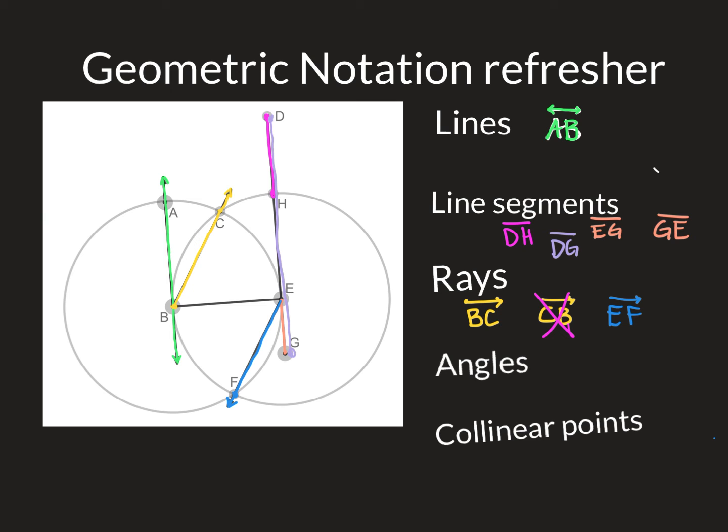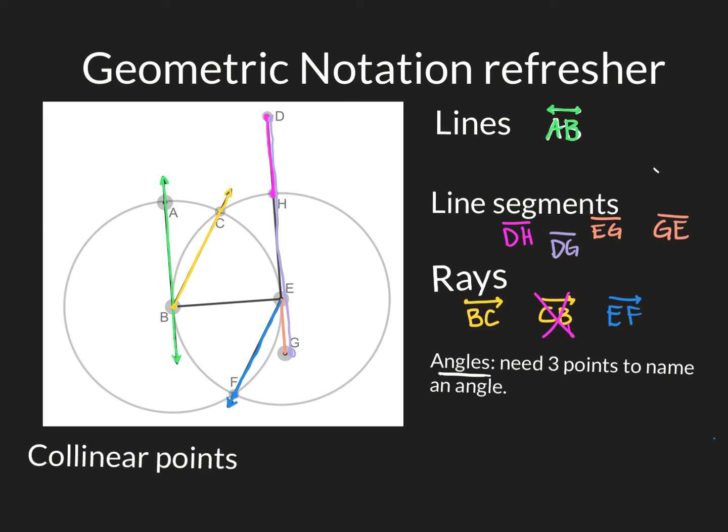Angles, most often you need 3 points to name an angle. So what do I mean when I say you need 3 points to name an angle? Angles are made up out of lines, line segments, and rays, and you need at least 2 of them. So for example, I might want to talk to you all about the angle right here.